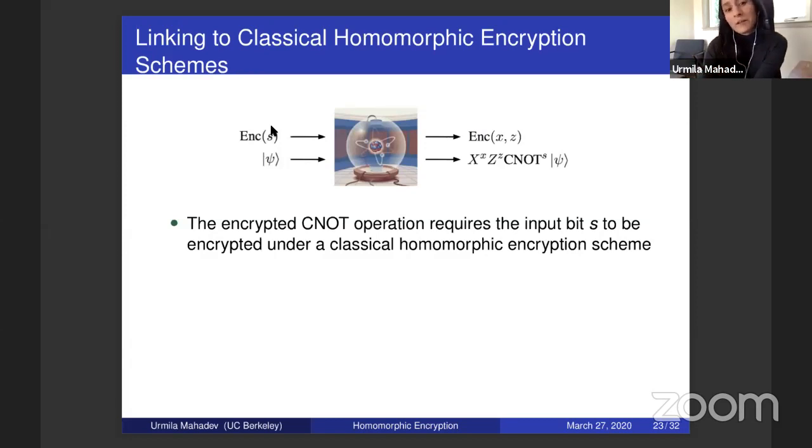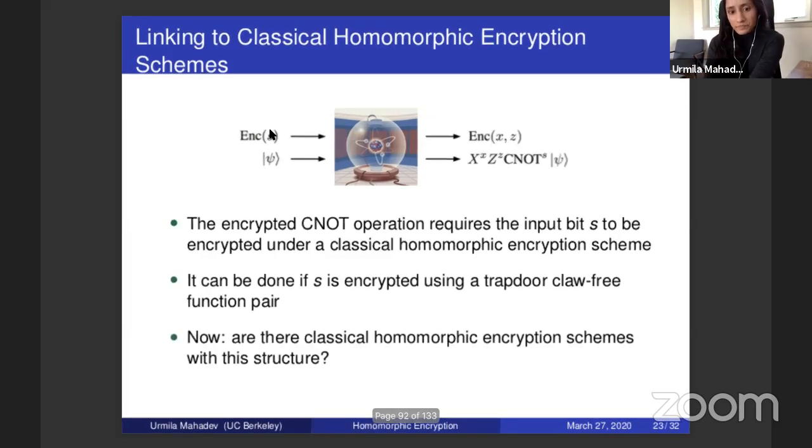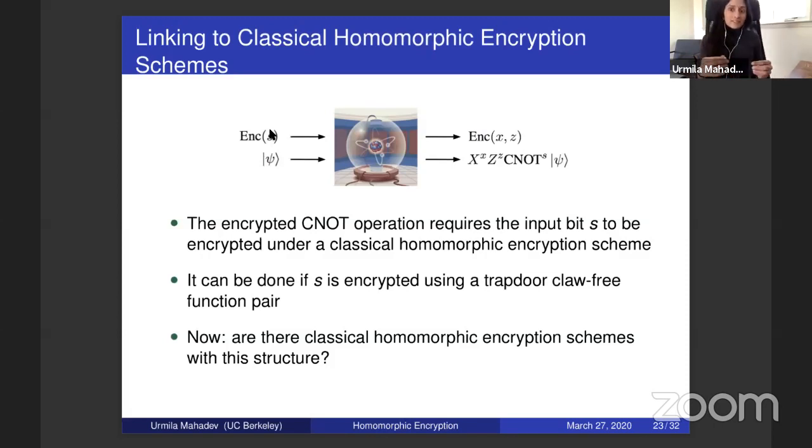I need to say that if the server receives the encrypted bit S, and this encryption is a classical homomorphic encryption scheme, he can still perform this conversion. One particularly simple way to do this is, let's say the server receives this encrypted bit S under some classical homomorphic encryption scheme. Is it possible for him to take this encryption and convert it into a TCF pair?